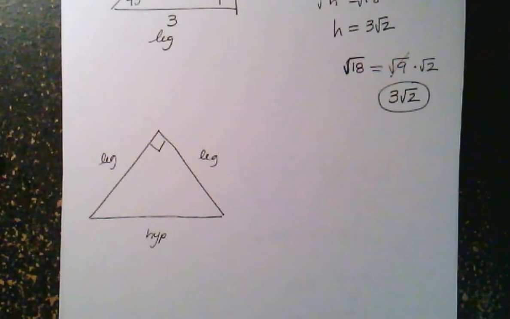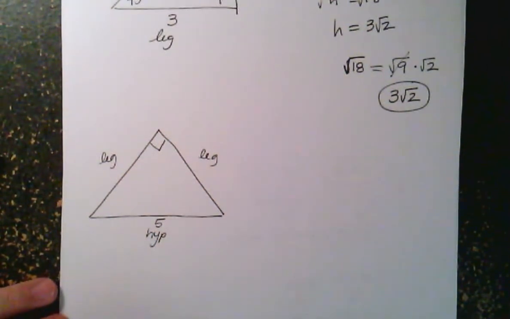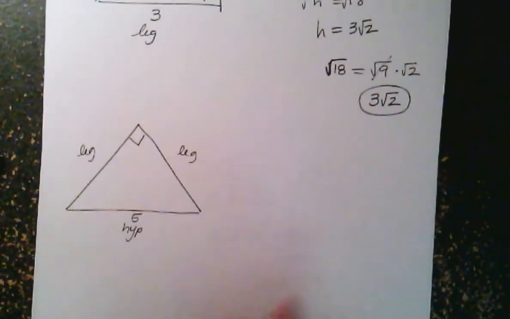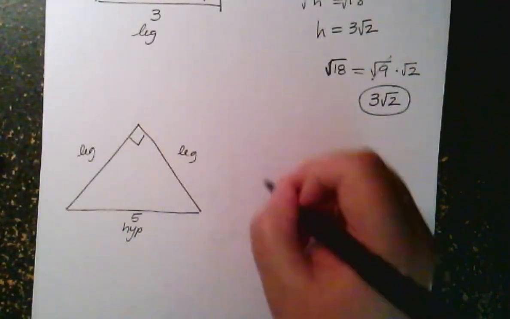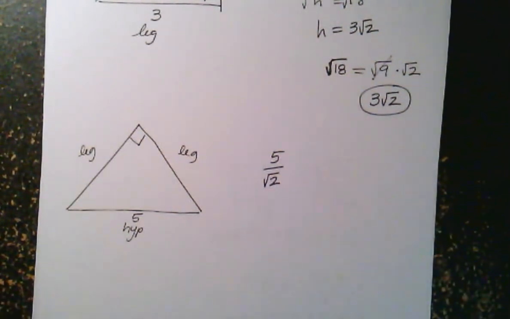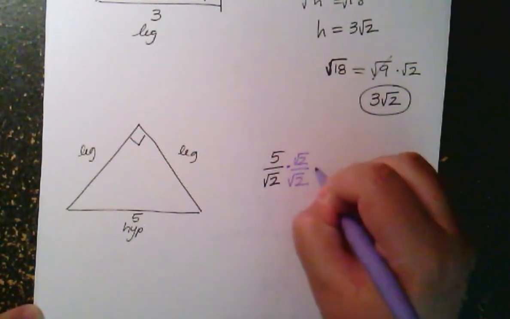Okay, so let's suppose that I am given a hypotenuse of 5 and asked what my legs are. Well, to go from the hypotenuse to the leg, I'm going from larger to smaller, so I'm going to divide by square root of 2. So 5 divided by square root of 2, and again, it's not okay to leave radicals in the denominator, so I need to rationalize.